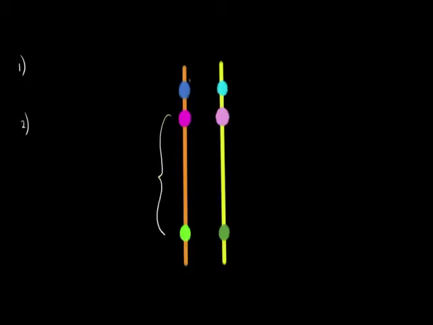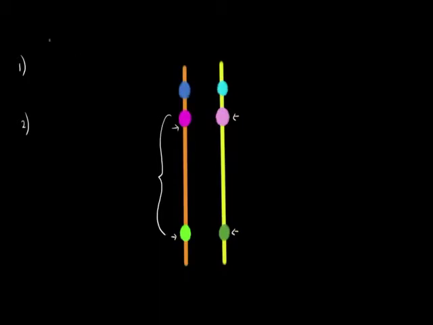And the question is, what's more likely? Is it more likely that the purple and green genes undergo recombination? And when I say that, I mean that the genes that are originally on one chromosome separate. So I mean to say that, for example, this purple gene will get separated from that gene, and this lighter purple gene will get separated from that gene.